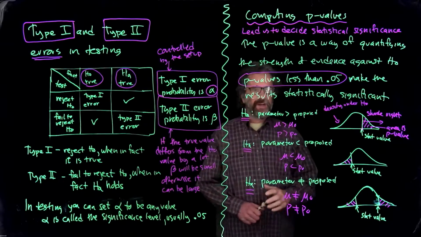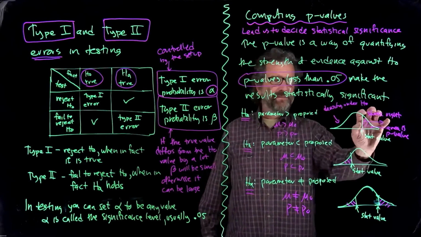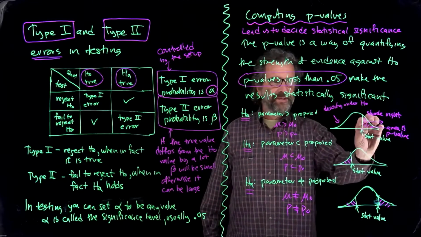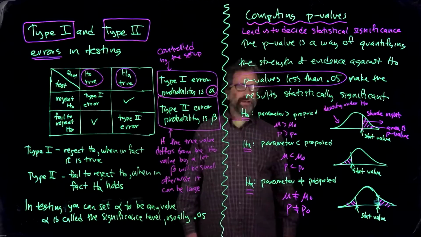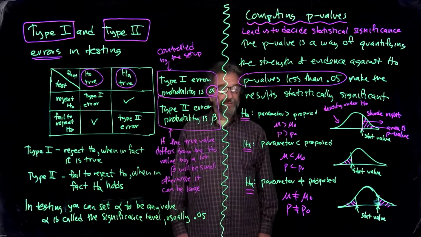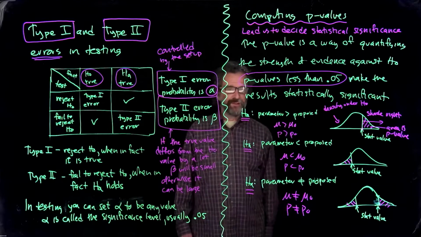So what the alternative does, if the alternative says the actual parameter is larger, it shifts that density curve over, and so you're more likely to be out here, and the null hypothesis doesn't want you to be out there, and so this area comes out to be small. If the null hypothesis was true and you get those kinds of values, those values are unlikely, so you get a small probability in that direction.